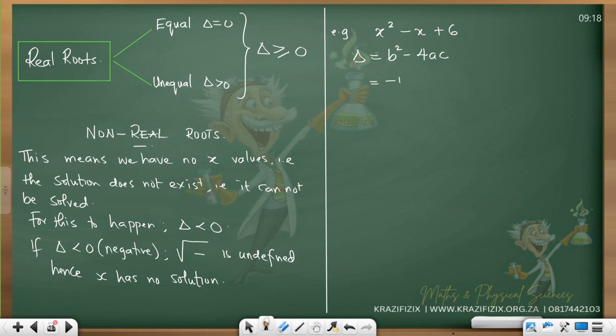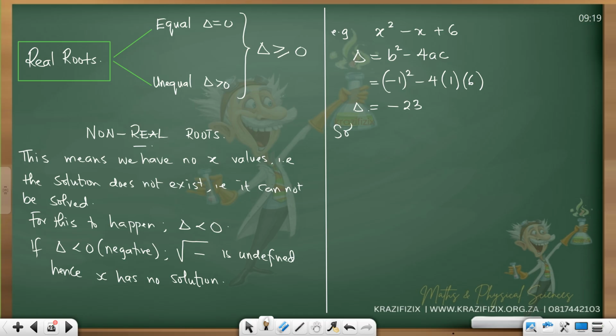What do we have? Minus 1 squared minus 4. What you notice here is I think this would give us a negative. 1 minus 24. Beautiful. Negative 23.